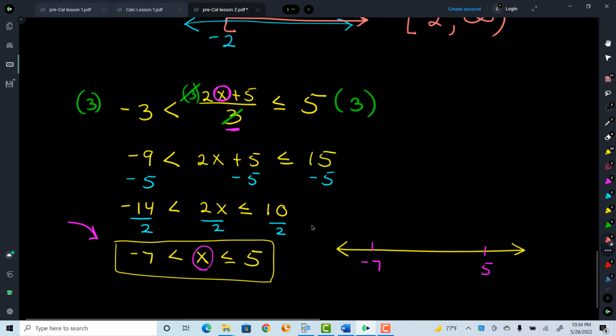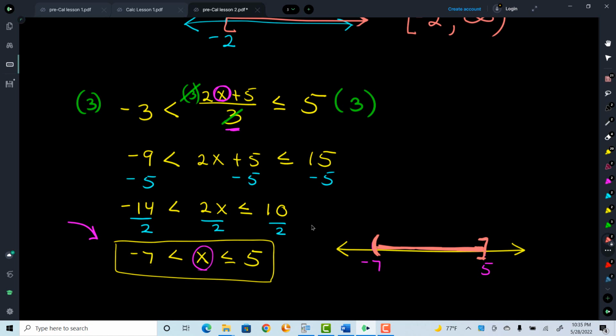Does it include the -7? No. So we're going to put a parenthesis there. Does it include the 5? Yes. So we'll put a bracket there. And it's everything in between. There's my solution set graphically.